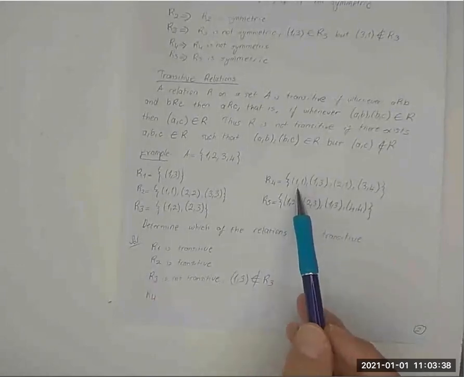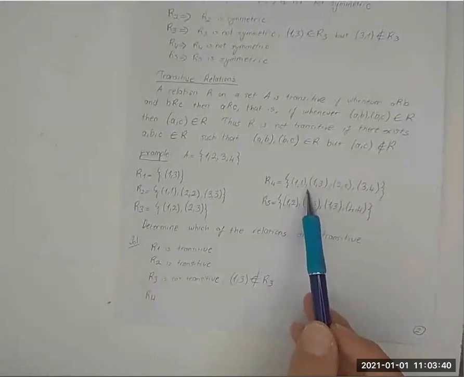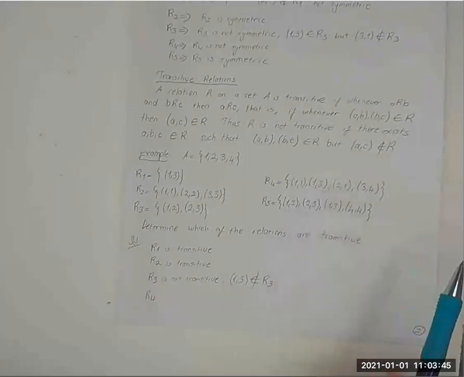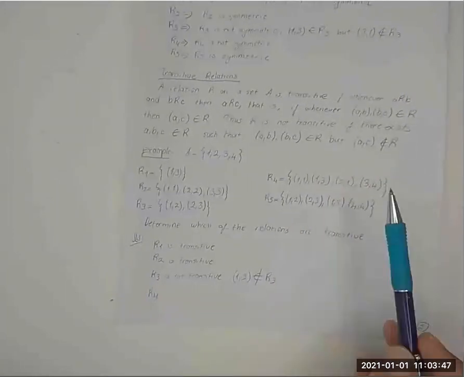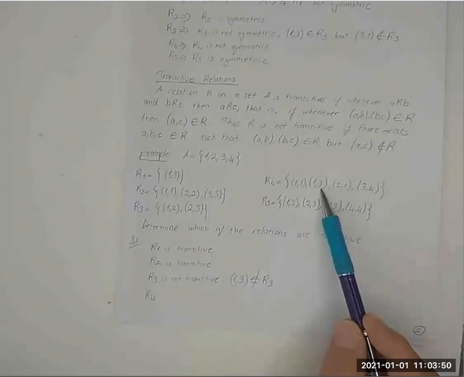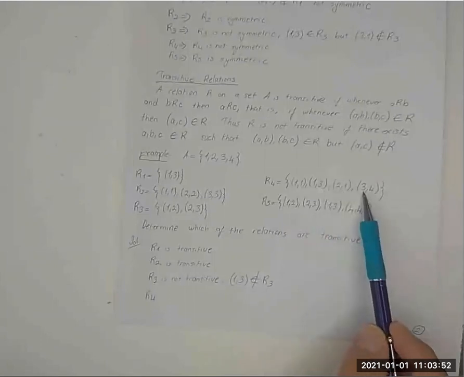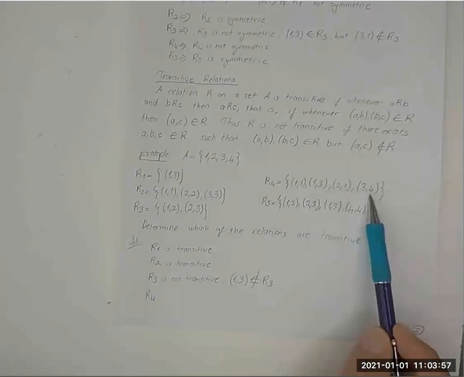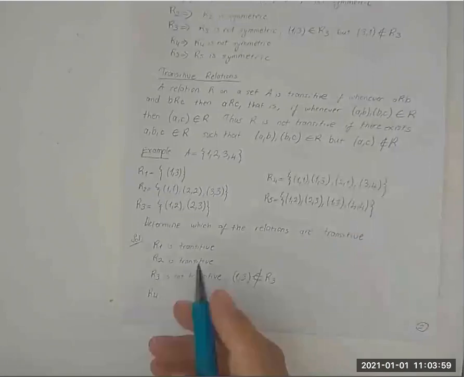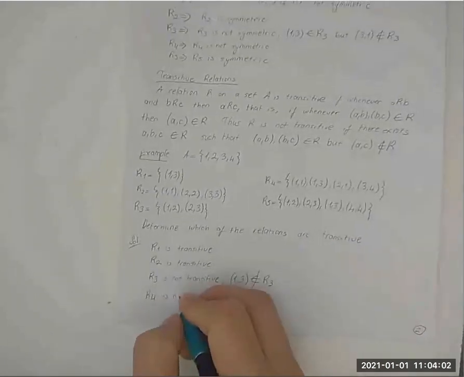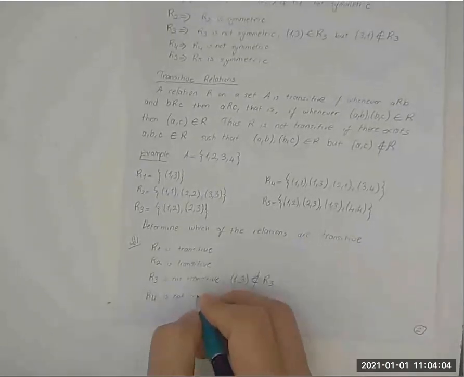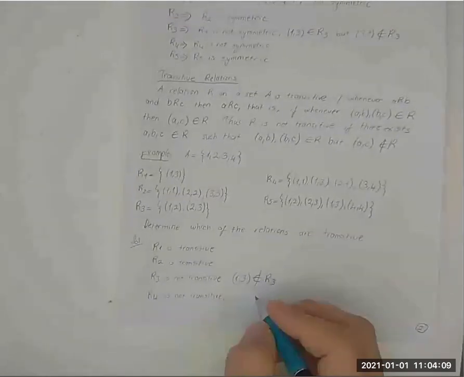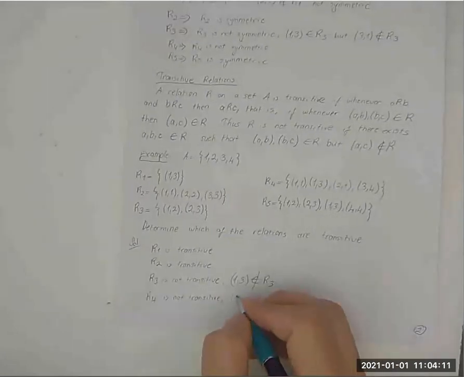And R4. R4 has (1,1), which is a reflexive pair, so it's going to be transitive there. (1,3), I have (1,3) here, and there is a pair starting with 3, which is (3,4).